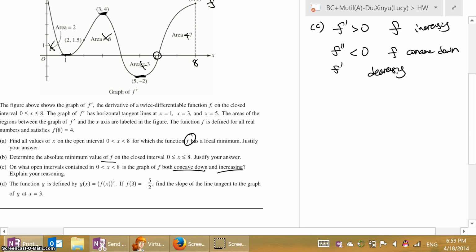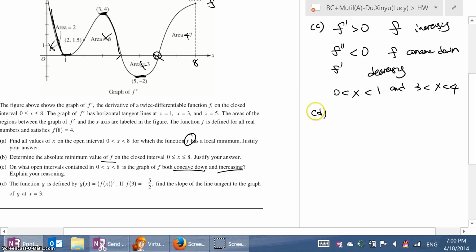So let's see the graph. Where f prime is greater than 0 and decreasing, right here is decreasing and greater than 0, and from 3 to 4 is also decreasing and greater than 0. So our answer is between 0 to 1 and 3 to 4. The graph of f is both concave down and increasing.